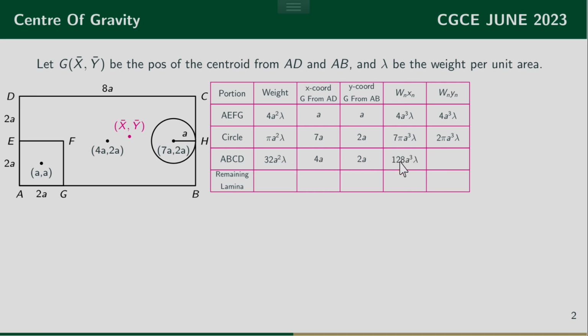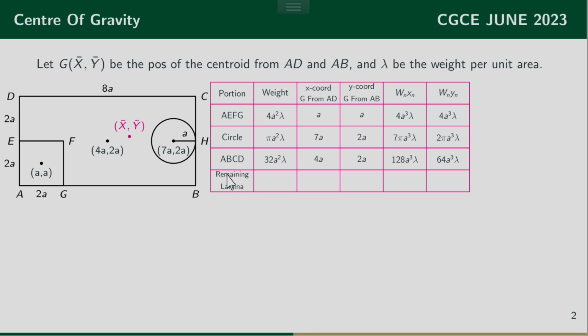That gives you 128a cubed lambda. And the moment of the whole lamina about the side AB will be 64a cubed lambda. We are multiplying the weight by the y coordinate of the centroid of the whole lamina, which is 2a.